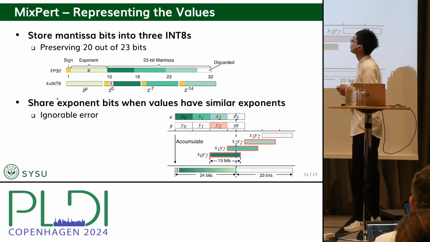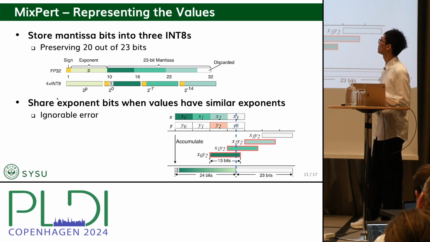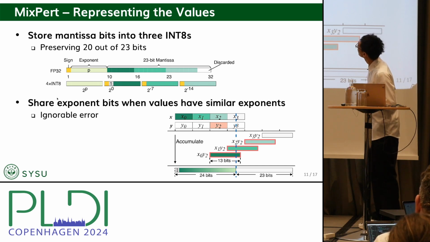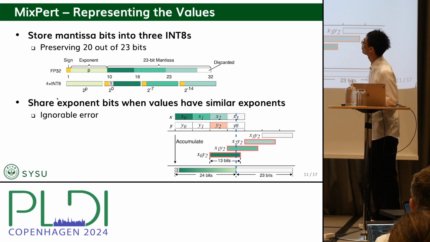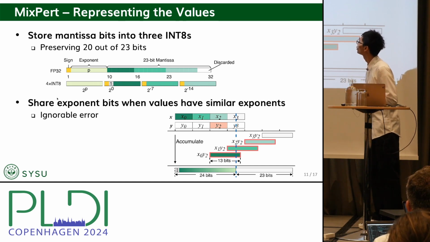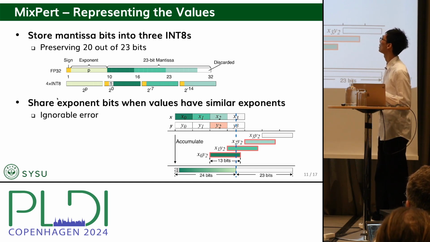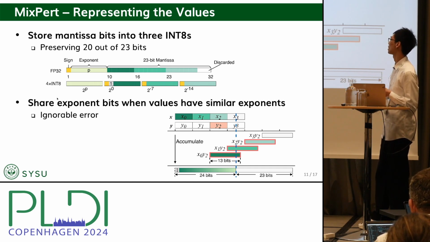An FP32 number is represented as a sign bit, exponent bits, and 23 bits of mantissa. So we can store the exponent in one integer, and the higher 20 bits of the mantissa into 3 integers, and the last 3 bits are discarded.